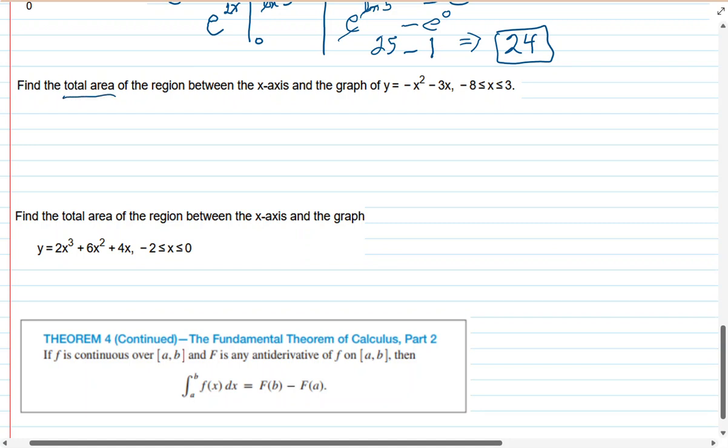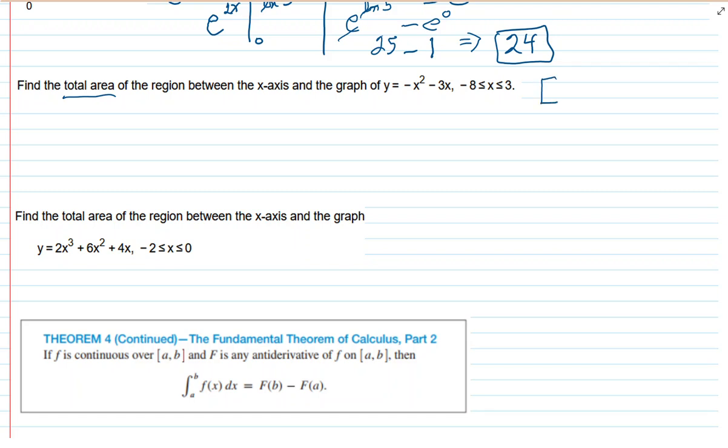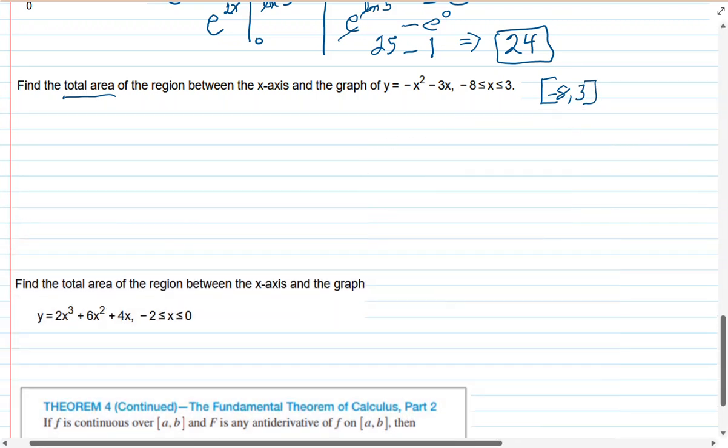Now it talks about total area. The total area of the region between the x-axis and the graph of y equals negative x squared minus 3x for the domain of negative 8 to 3. Okay, so our first step is to graph it.